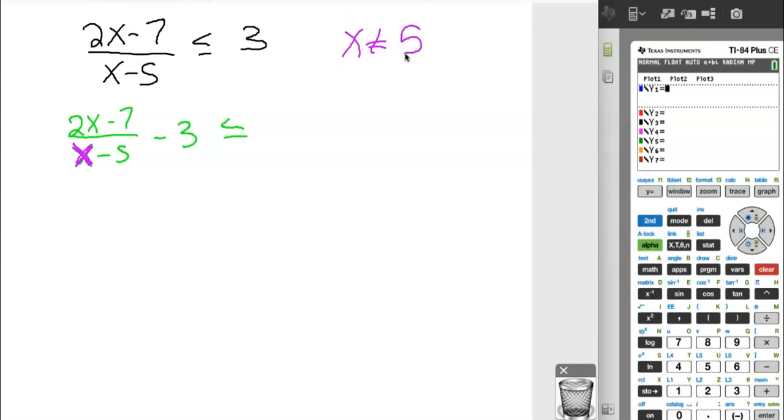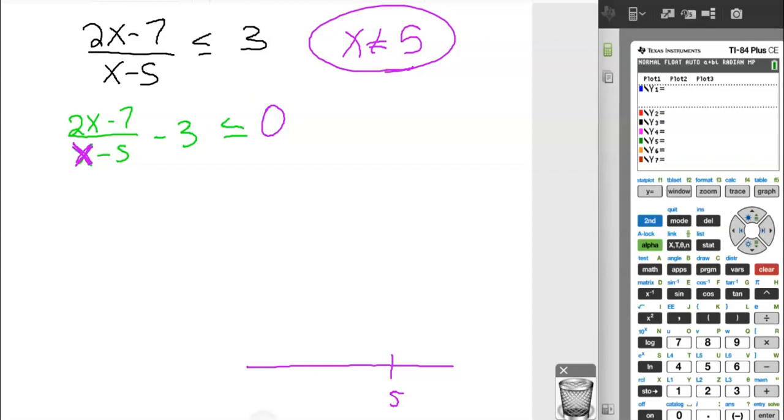If x was 5, then we would have 0 on the bottom, and 0 on the bottom of a fraction is undefined. So x cannot be 5. That's something we've got to consider. So when we draw the number line, 5 is one of the numbers that we're going to consider. All right, so that's something you have to notice right off the bat.